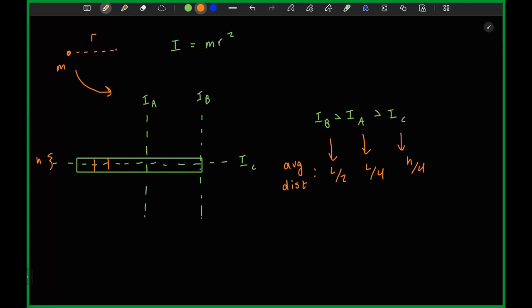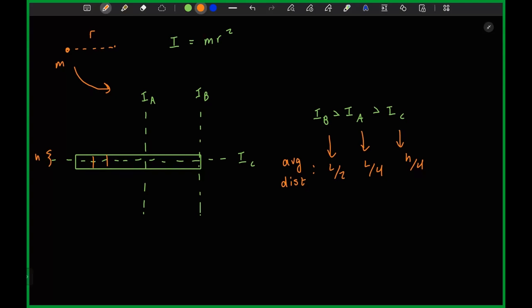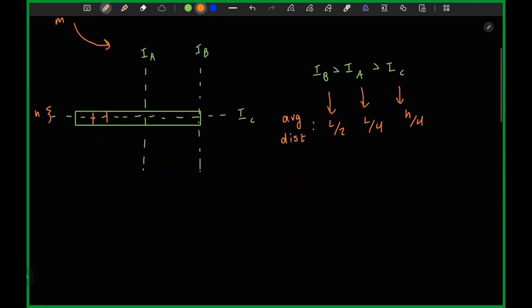Now, this is where often a misconception creeps in. Often I have students say, well, let's define the moment of inertia for B as just 1/2 m (L over 2) squared. And that would actually be quite wrong. What this does give us is what we would call a lower bound for the moment of inertia. The average distance of a particle is L over 2.